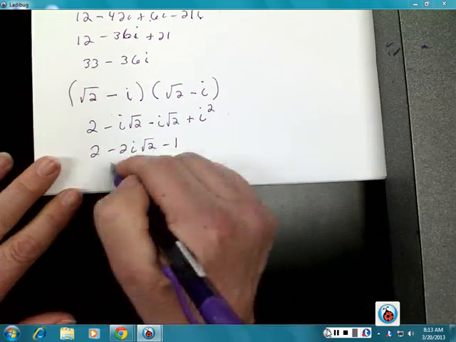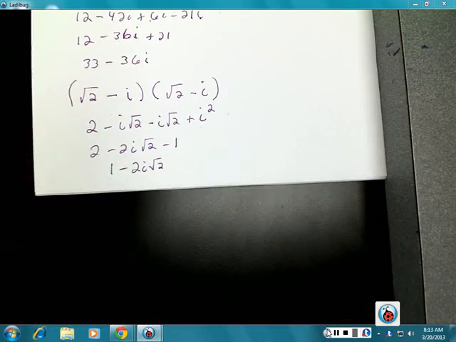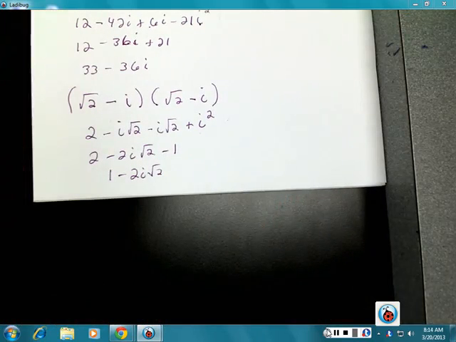So my answer is really 1 minus 2I square root of 2. Okay or not okay? Not hard. These aren't too bad, are they? Once you get that rule down of what happens to your I squareds, they have a tendency to work out quite well, and you can come up with your answer.